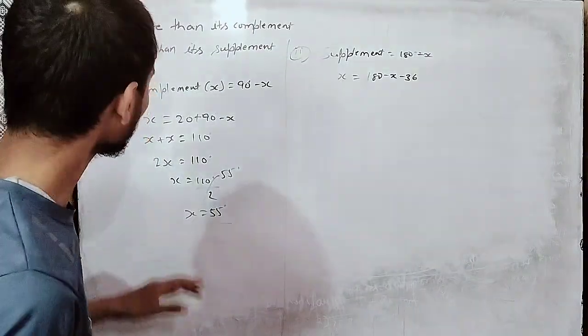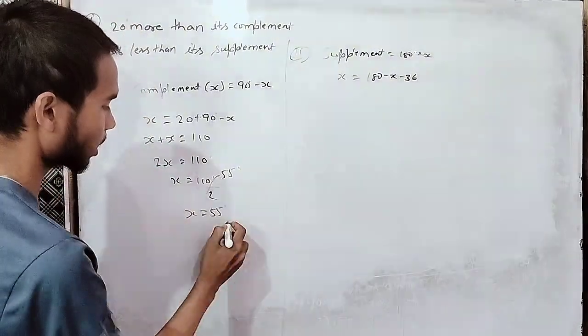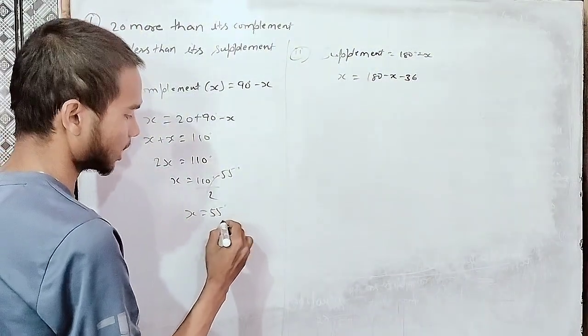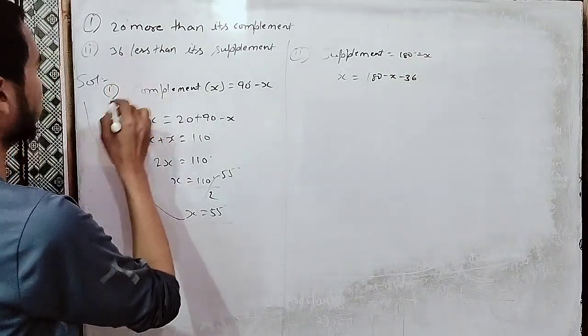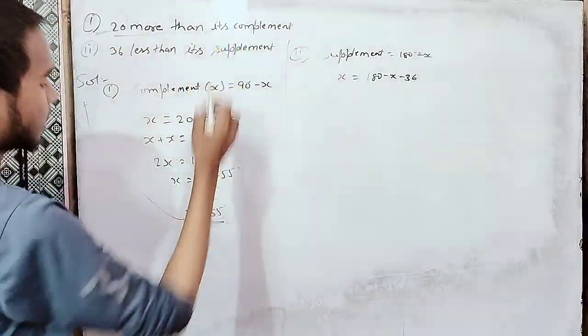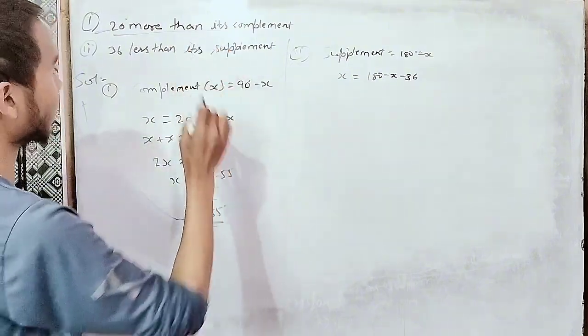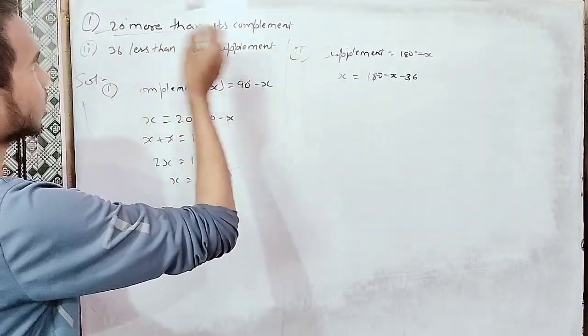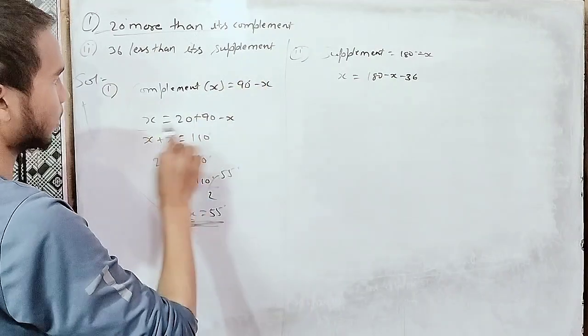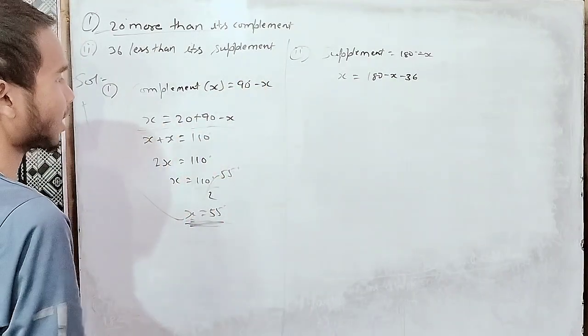Here we found the value of the angle. The statement was saying 20 more than its complement, and we have this equation, and we just simplified it to find out the exact value of the angle.